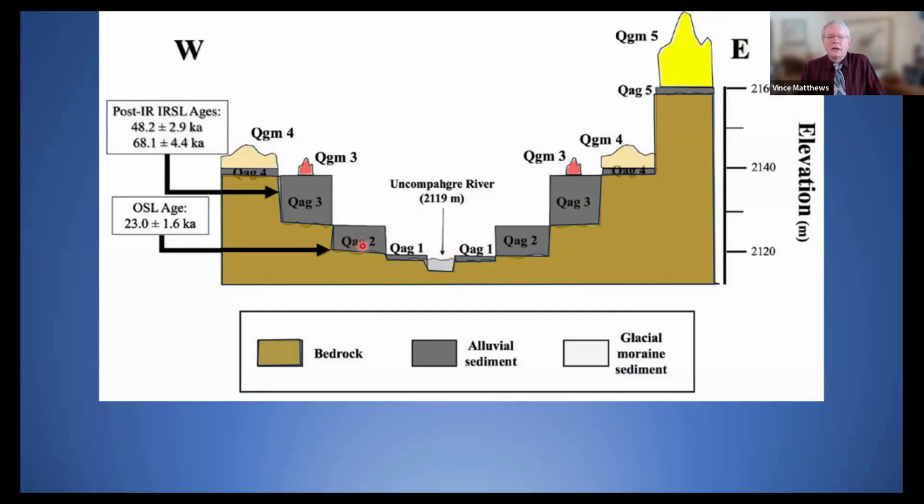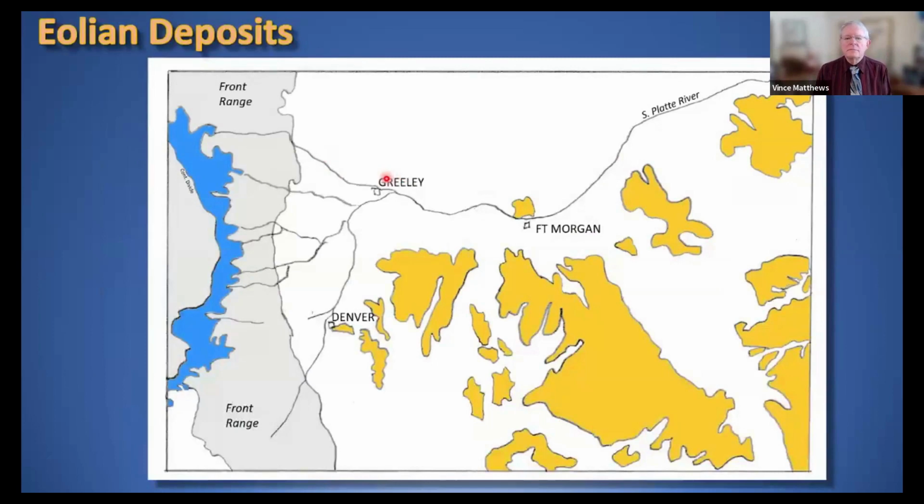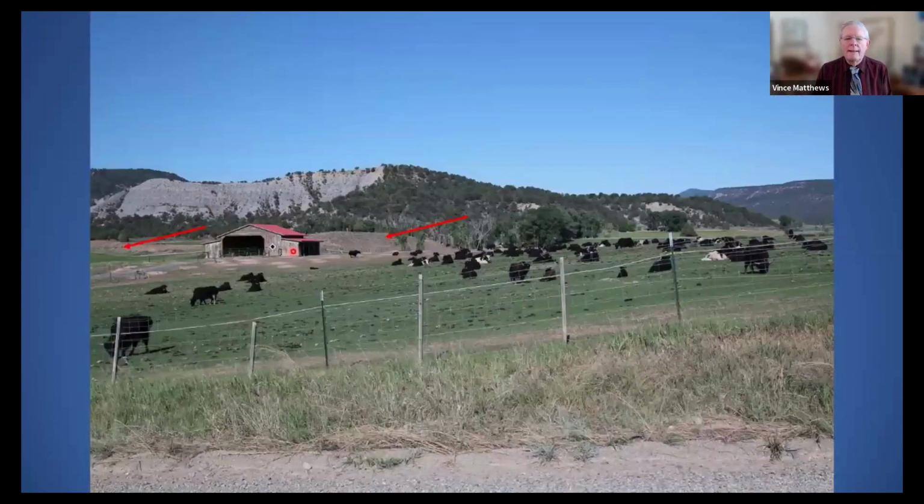And you get down to this outwash plain, and it dates at 23 thousand years, which is supposed to be the height of the Pinedale moraine. But notice they don't have any little moraines on there. This outwash plain dates to the time of early Wisconsin. So we thought, well, we've discovered early Wisconsin moraines, because this moraine that grades to that is this moraine.